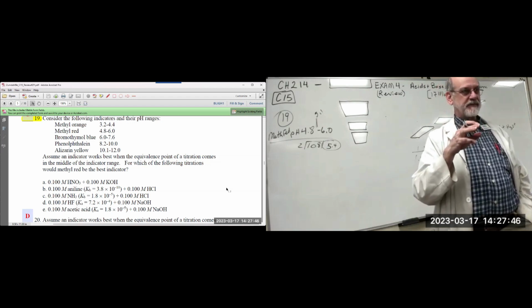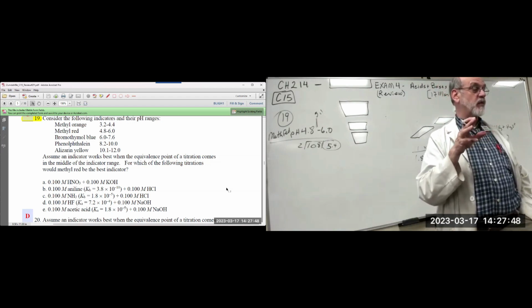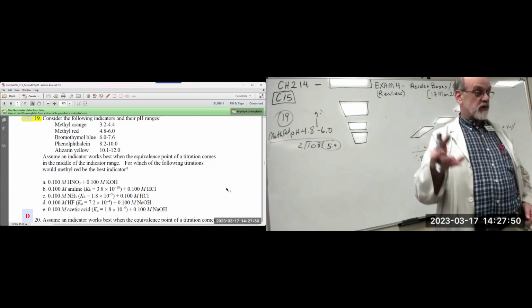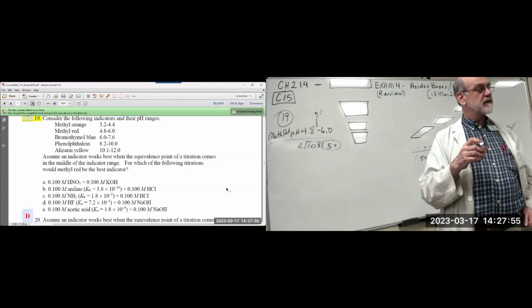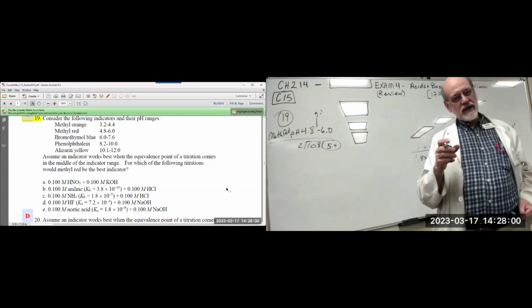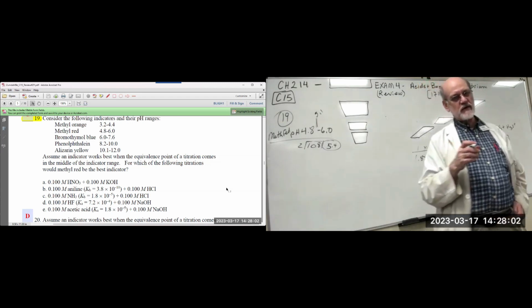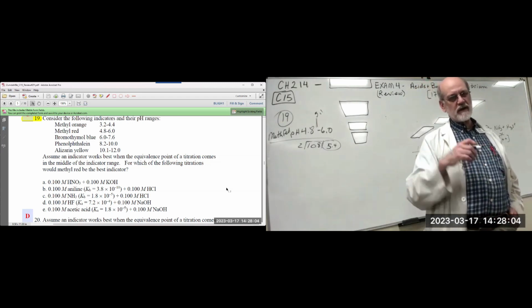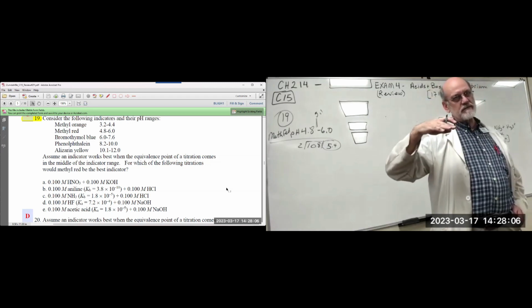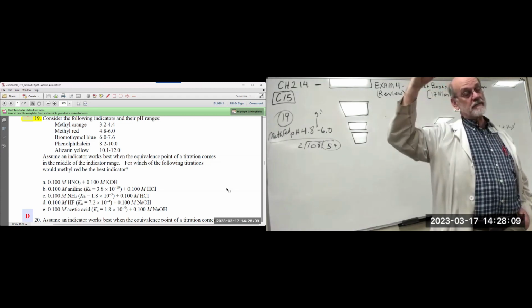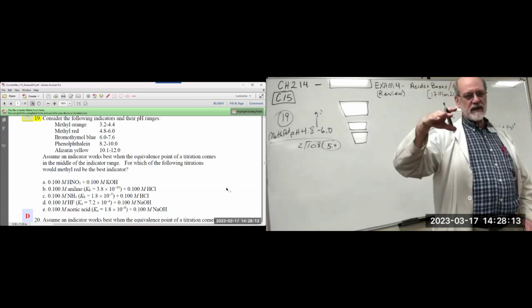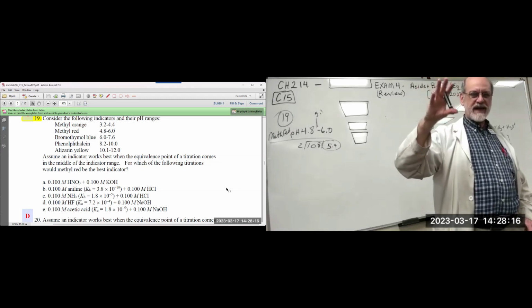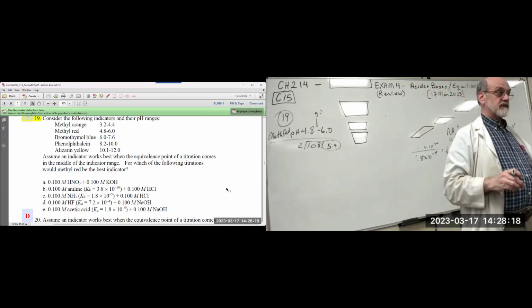Acetic acid is going to have an endpoint, or stoichiometric point, during titration between 8 and 9, and its Ka is 10 to the minus 5th. So if HF is 10 to the minus 4th, it'd be lower than 9, in the neighborhood of 8 for its stoichiometric point.